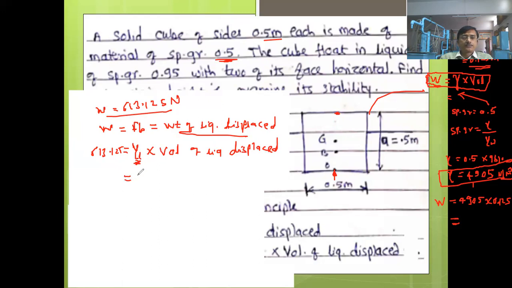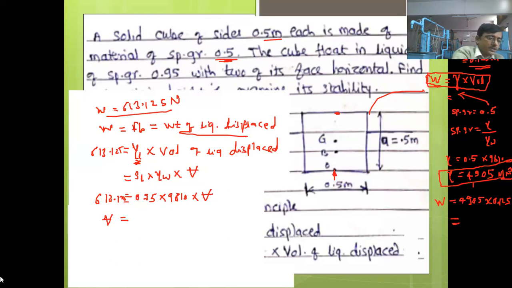So I can write S_L multiplied by gamma W into volume of water displaced is equal to 613.125. Then this S_L is 0.95, into 9810, into volume of water displaced. So here you will get the volume of liquid, not water, volume of liquid displaced.